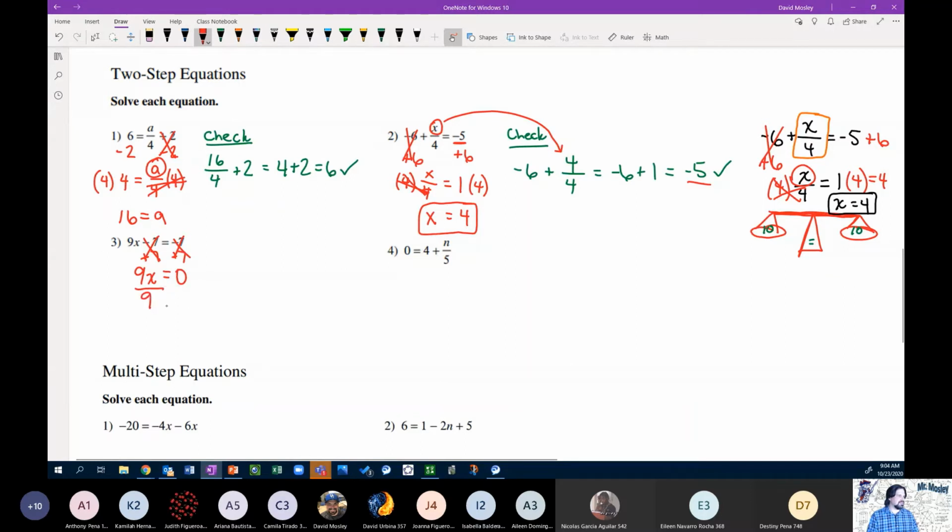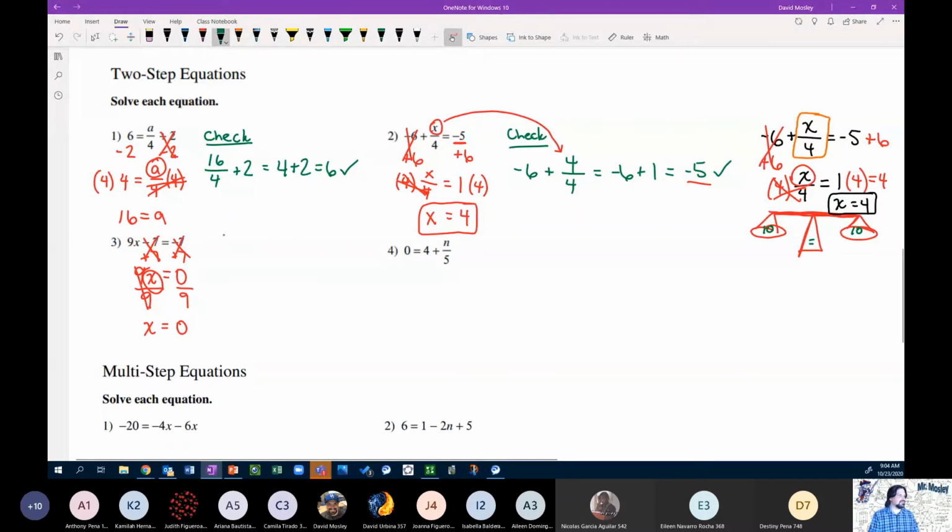So I say divide by 9, divide by 9. The 9s go away. I have x by itself on the left-hand side. But what is 0 divided by 9? If I have 0 things and I divide it equally 9 ways, I still have 0 things. So we just get 0.